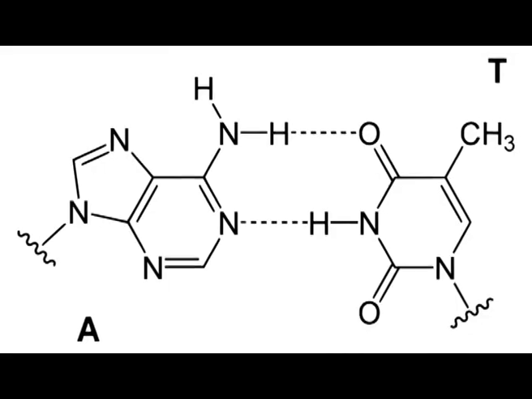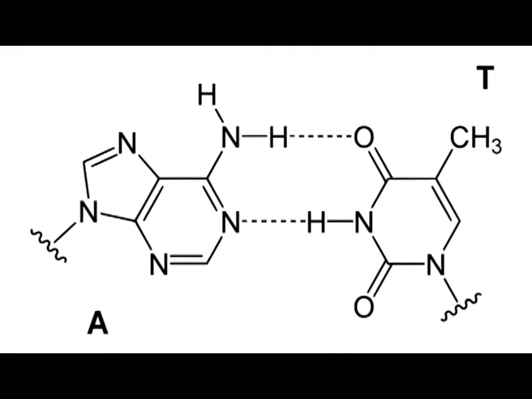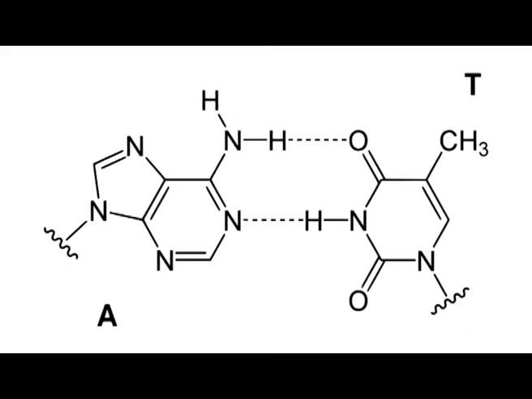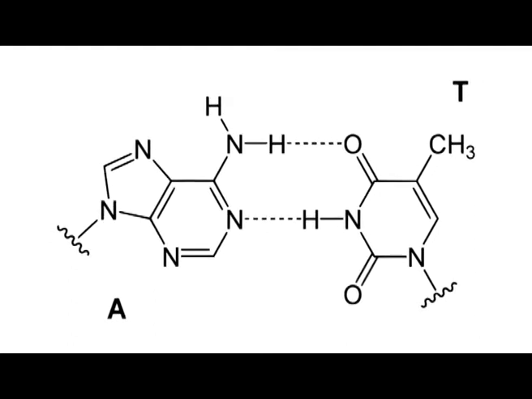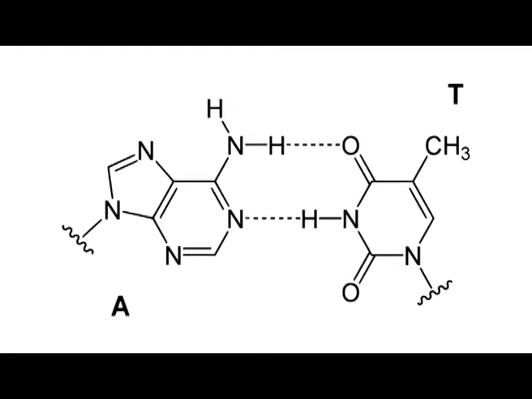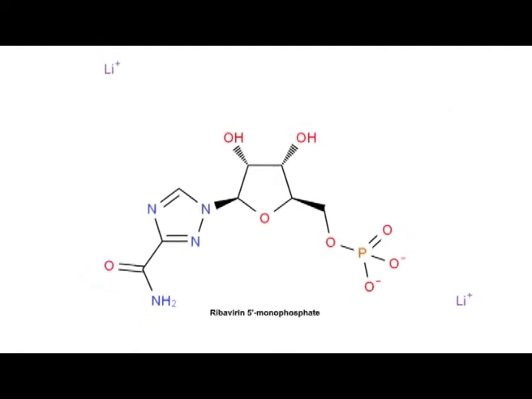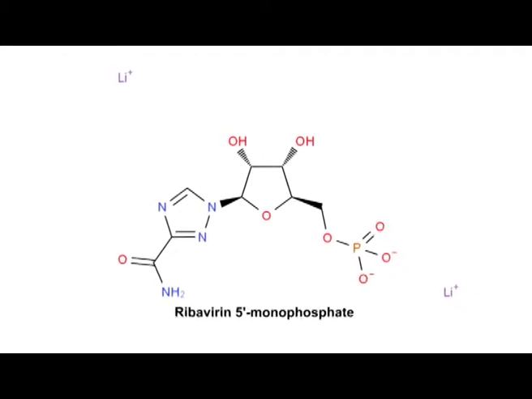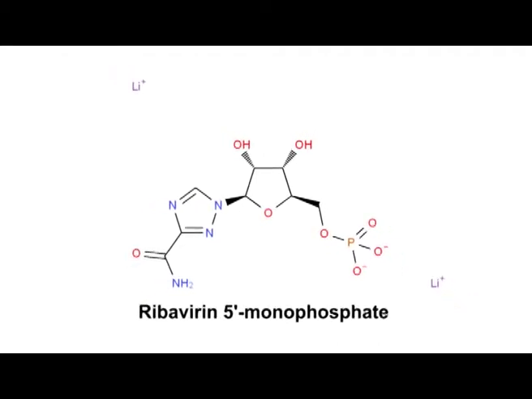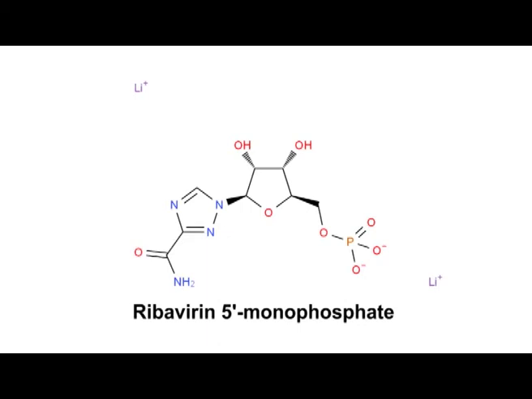Its effect is mainly on RNA viruses, which suggests that the drug functions only as an RNA nucleoside mimic and never a DNA nucleoside mimic. Ribavirin 5'-monophosphate inhibits cellular inosine monophosphate dehydrogenase, thereby depleting intracellular pools of GTP.